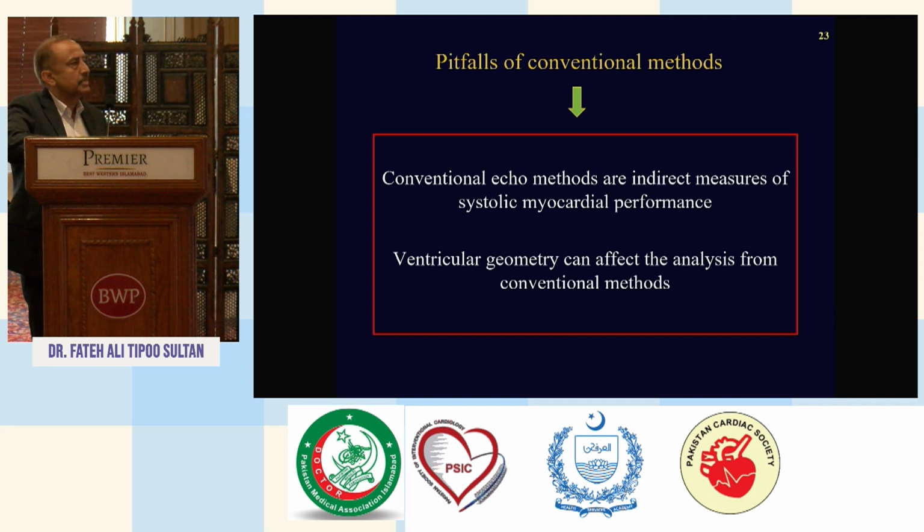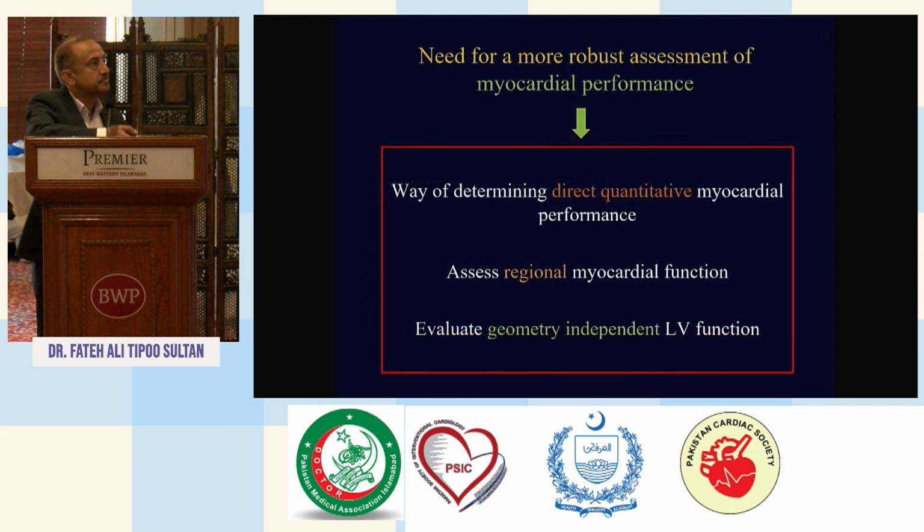But all these conventional echo methods are indirect measures of systolic myocardial performance. They are not a direct measure of systolic myocardial performance, so ventricular geometry can affect the analysis from conventional methods. So this is the limitation of all these conventional methods.